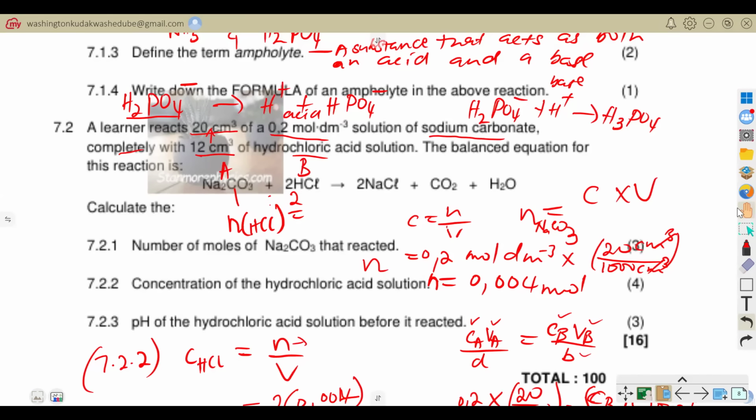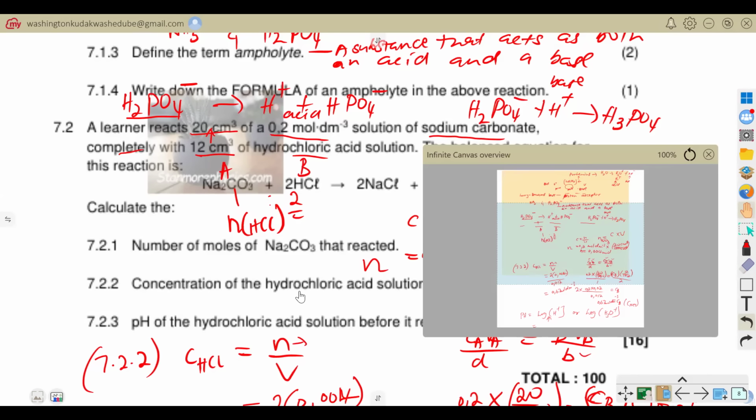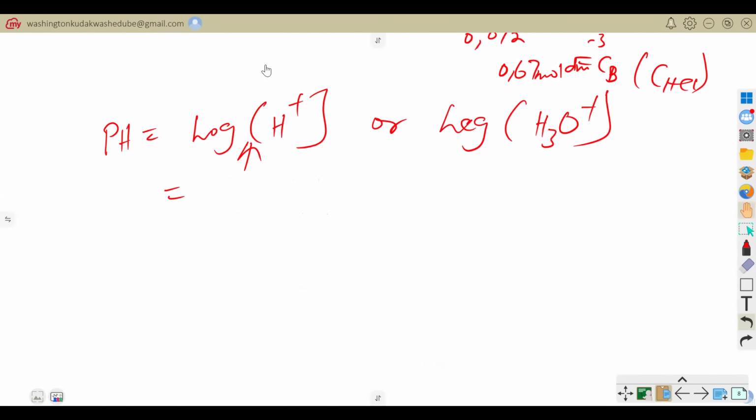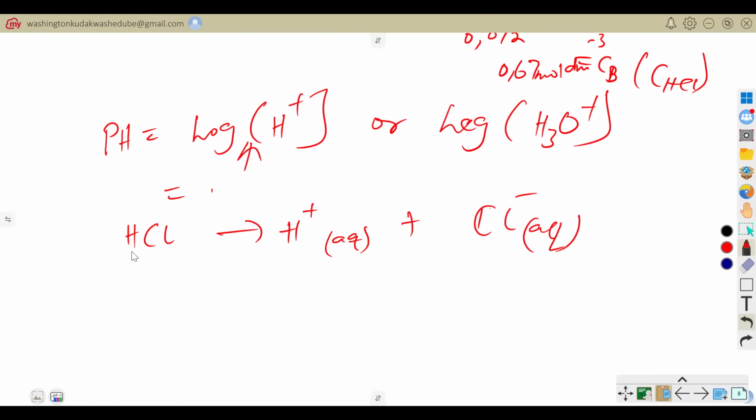Let me show you the dissociation of HCl: HCl dissociates to form H plus aqueous plus Cl minus aqueous. The molar ratio between this and that is 1:1, so the concentration of HCl will be equivalent to the concentration of the H plus ions formed.